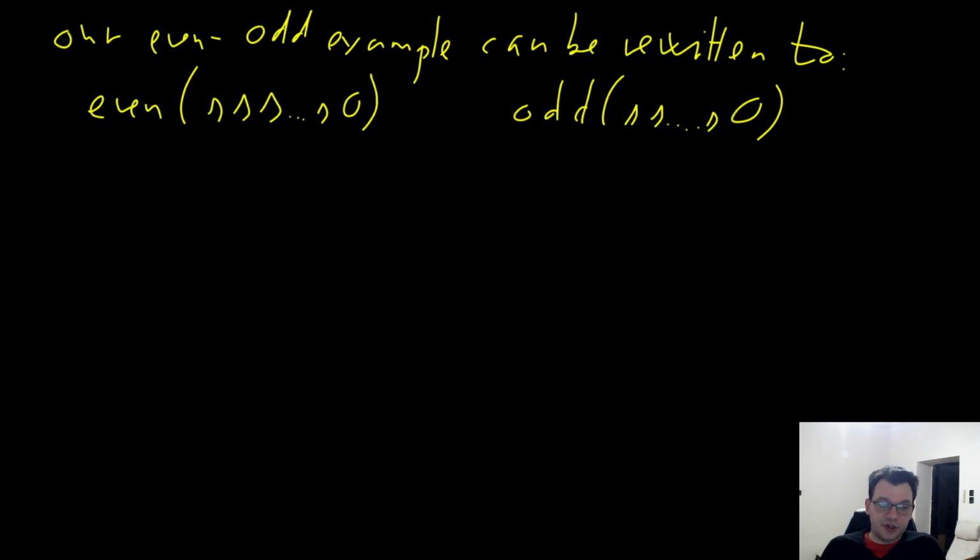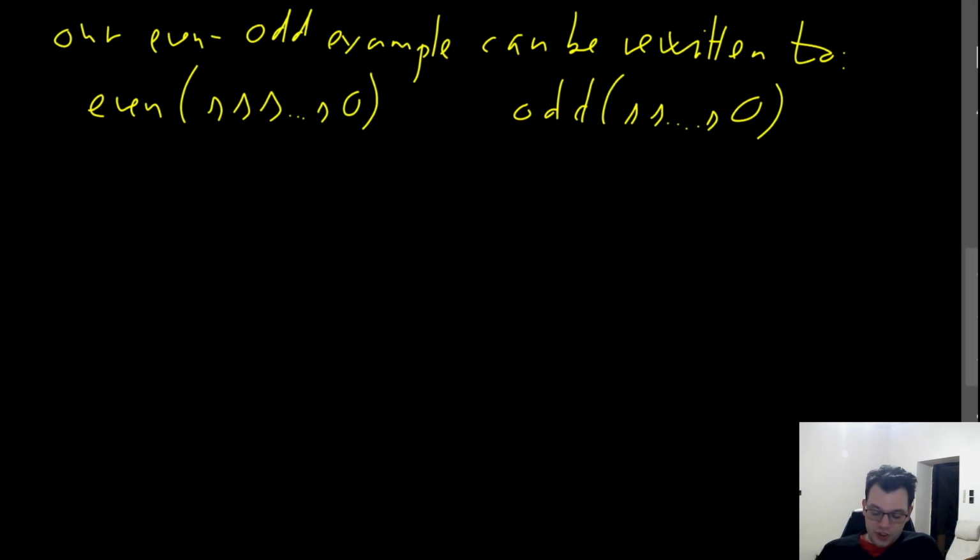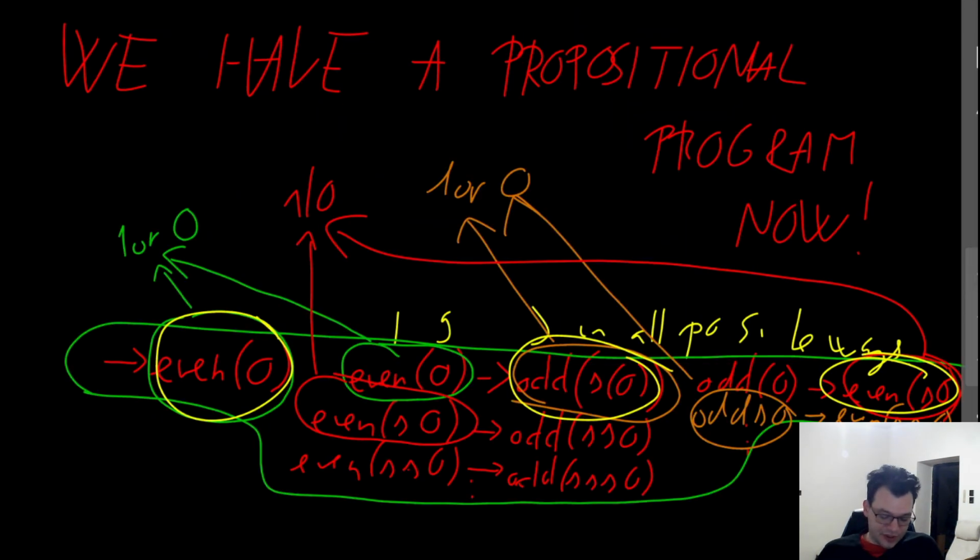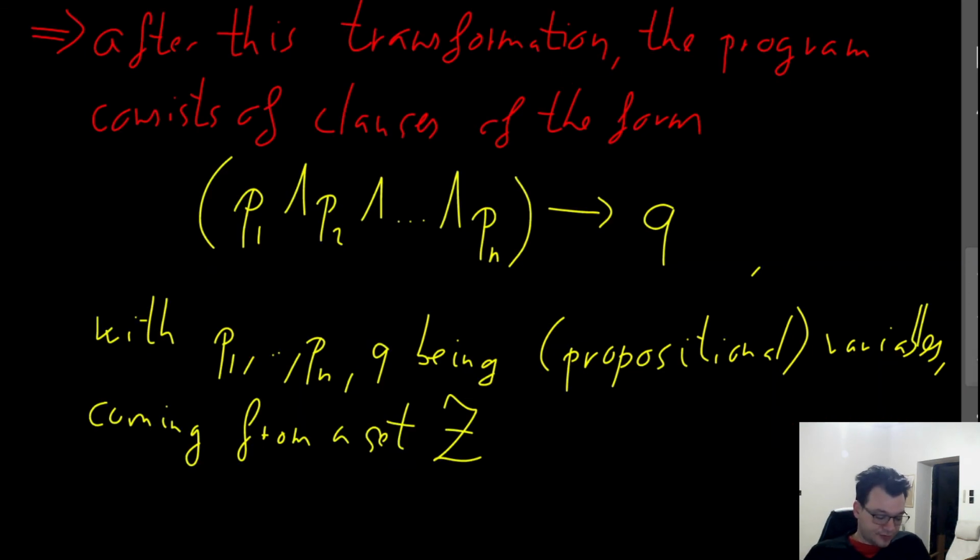So these are the two types of formulae which we will have. So for example, here you can see that even 0, odd s0, even s of 0, odd of s of 0, and so on. So basically these are the only atomic formulae we can create.